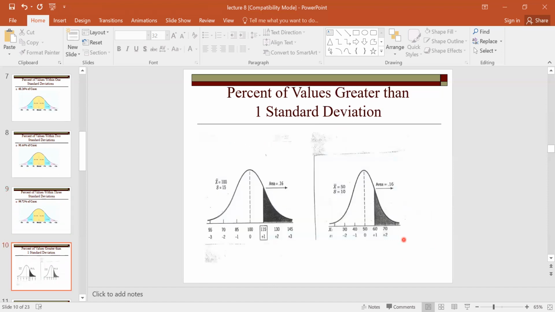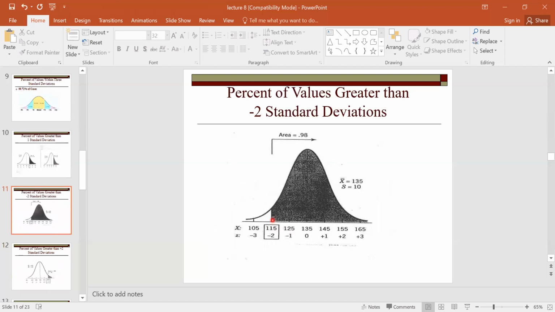So we can say the percent of values greater than one standard deviation is 0.16, meaning 16% of the area is greater than plus 1 sigma, and greater than minus 2 sigma there is 98% of the area. This shaded region covers the 98% area.